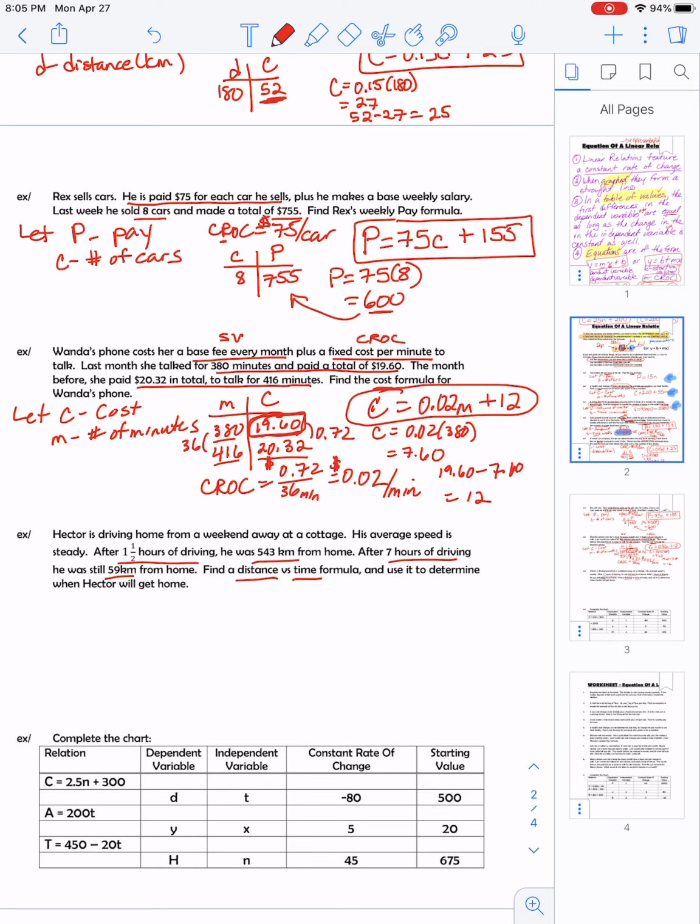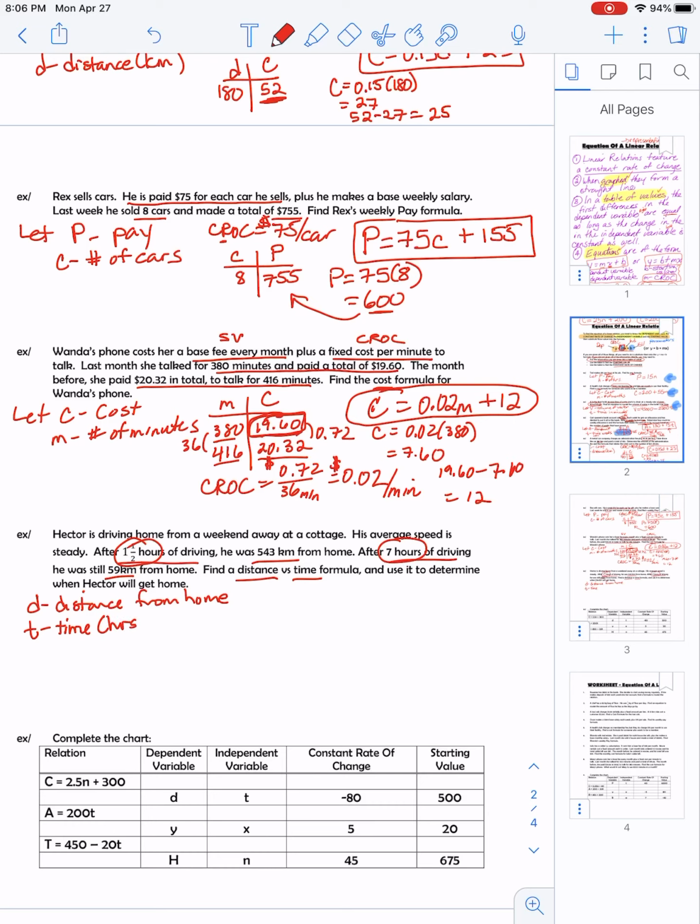Okay, so D is going to be the distance from home. Not necessarily how far he's driven, but definitely the distance from home. And then T is going to be time, and time is in hours, because this talks about hours and this talks about hours.